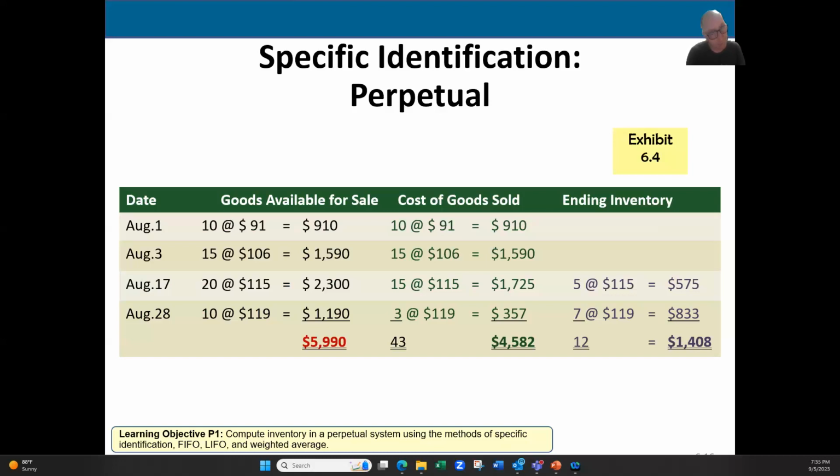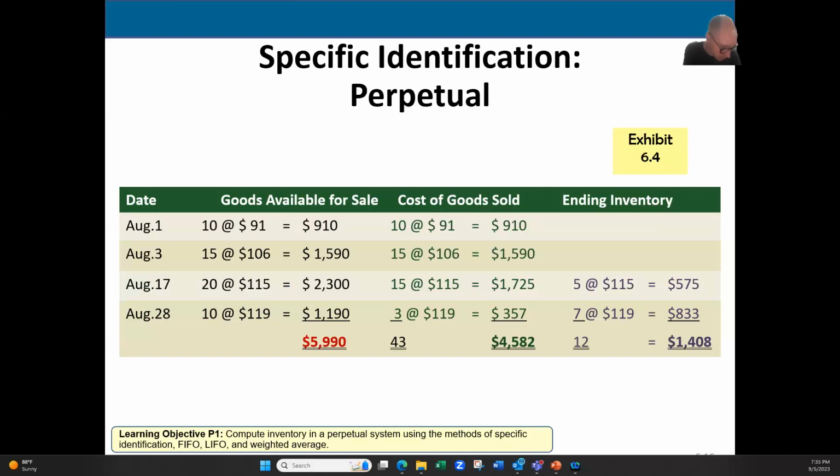So this approach, specific identification, it doesn't matter. We're just following the order that they came in at. We're just selling them. Okay. So this one's not as important. I will say that specific identification is based off of the unique identifying information. So here's how it works. All right, just kind of break it down for you a little bit further.